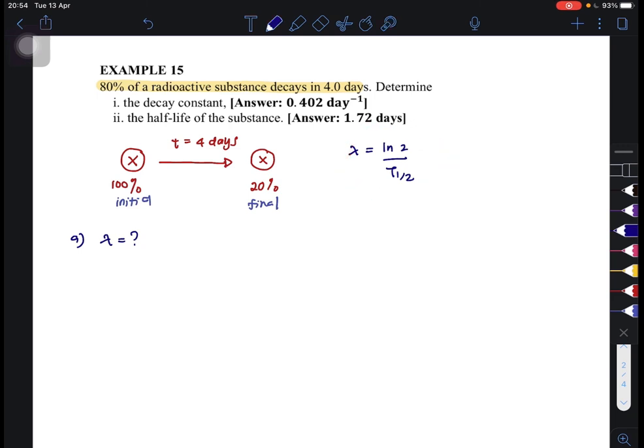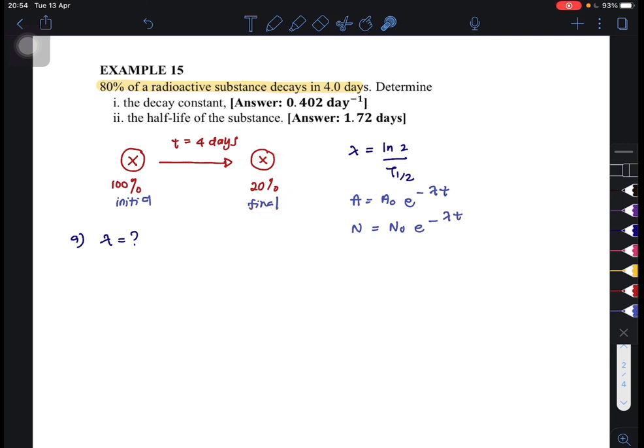So formula yang kita gunakan can either be the activity equation, A is equal to A naught E negative lambda T, or N is equal to N naught E negative lambda T. Okay, so daripada sini kita sebenarnya boleh tahulah initially dia 100%, finally dia tinggal 20%.